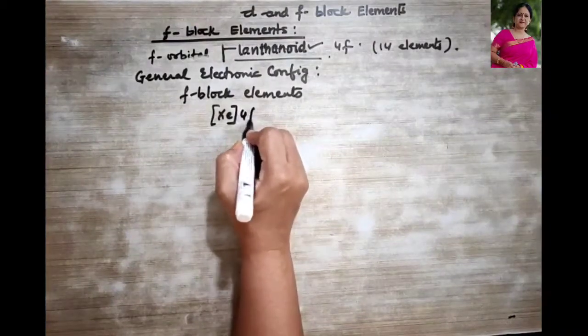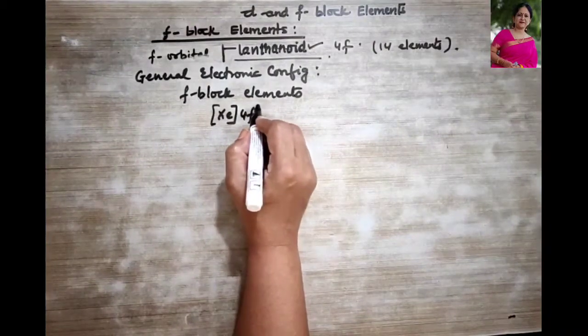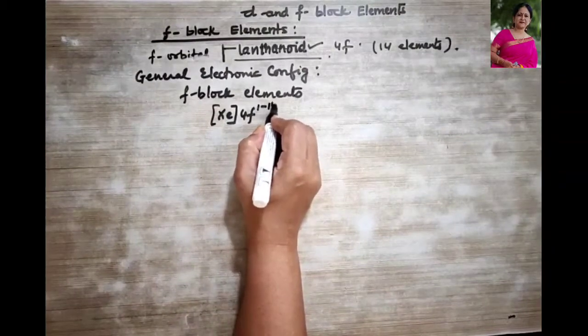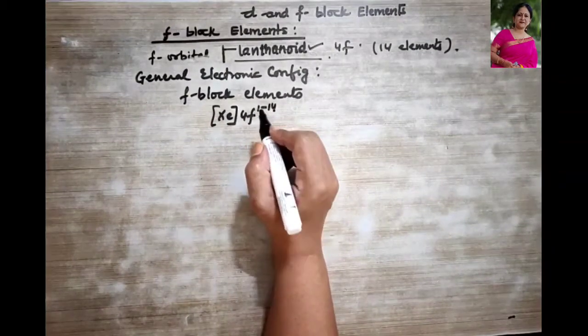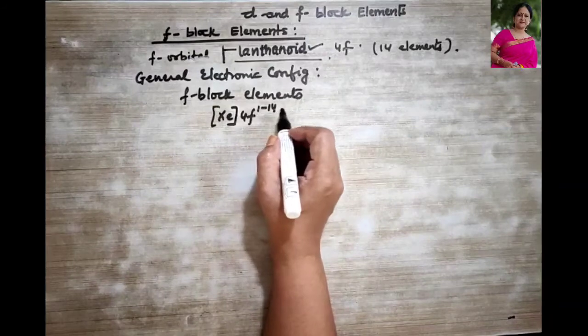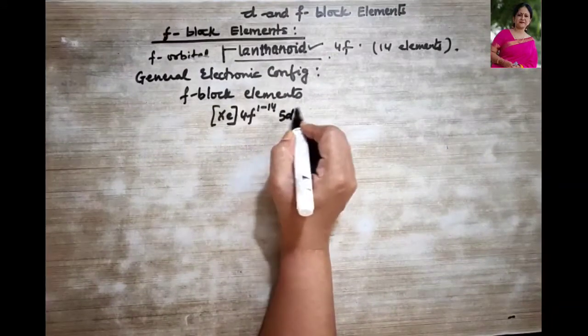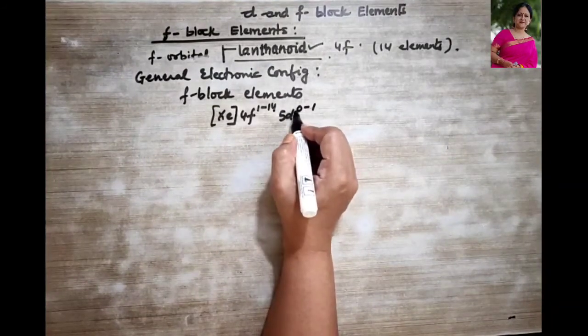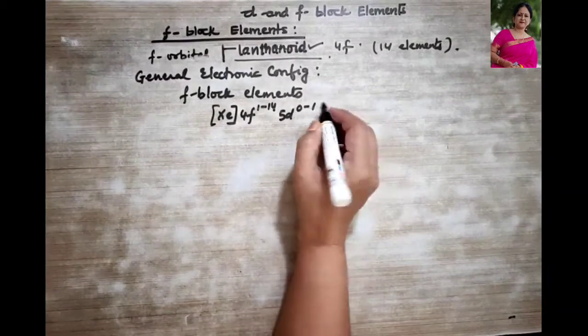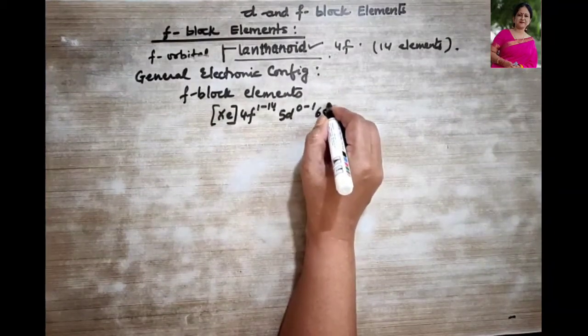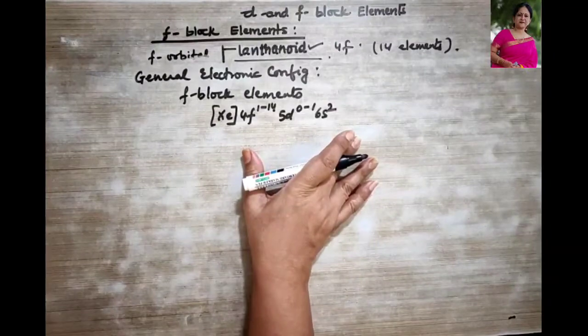Xenon 4f, where F ranges from 1 to 14. The electrons in F orbital range from 1 to 14. 5d, where over here electrons range from 0 to 1, and 6s2, okay?